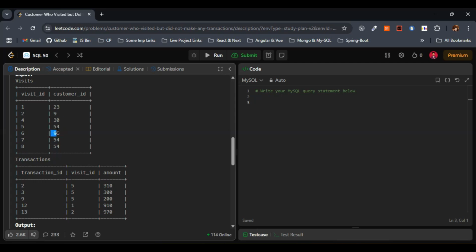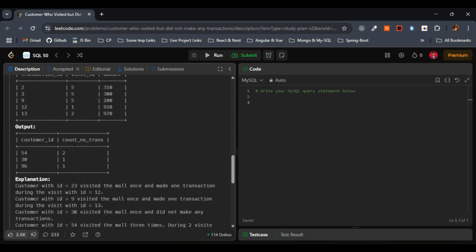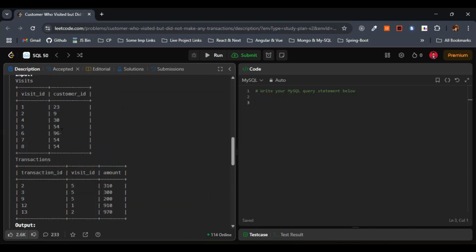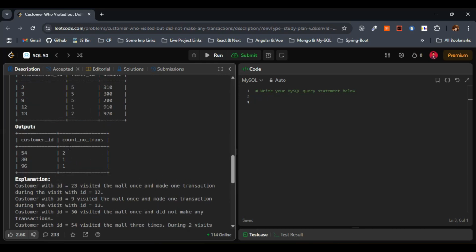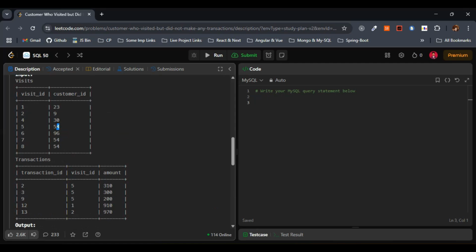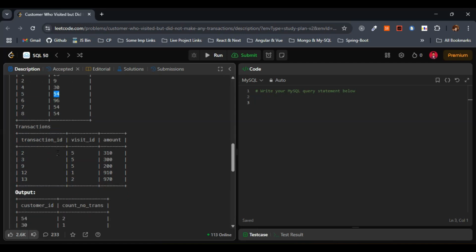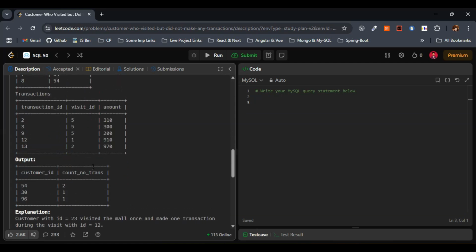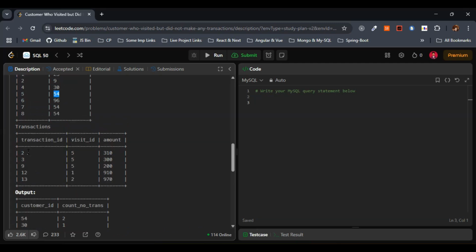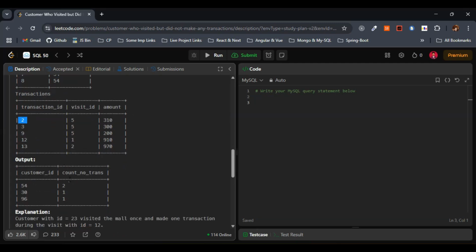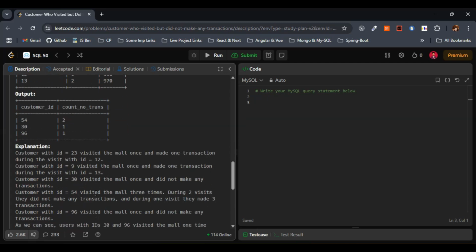The visit IDs are 5, 4 and 6. The count of no-transaction visits is 2, 1 and 1. I hope this is clear.